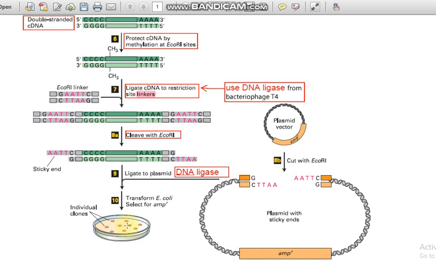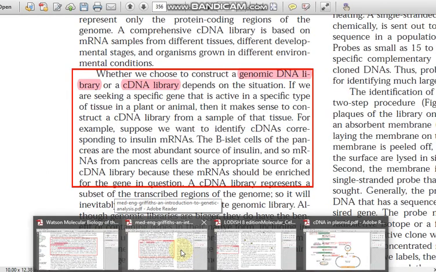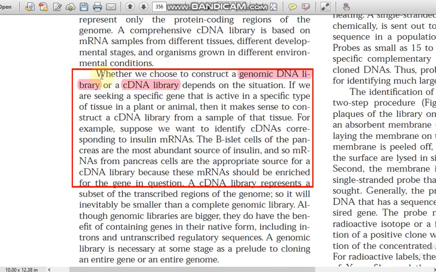Now, how do we decide from what type of cells mRNA should be isolated? I'll show you another paragraph from Griffiths, where it is written that whether we choose to construct a genomic DNA library or a complementary DNA library depends on the situation. If we are seeking a specific gene that is active in a specific type of tissue in a plant or animal, then it makes sense to construct a complementary DNA library from a sample of that tissue.